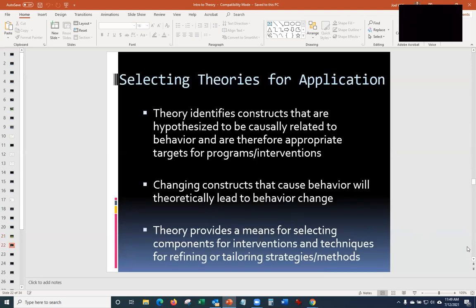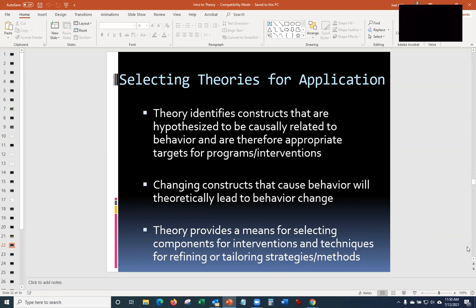So when you're picking a theory for application, you want to make sure that the constructs relate in a meaningful way to the behavior that you're studying. Again, think about why a particular behavior theory or model was developed in the first place, and that tells you whether or not it could be used for what you're studying.